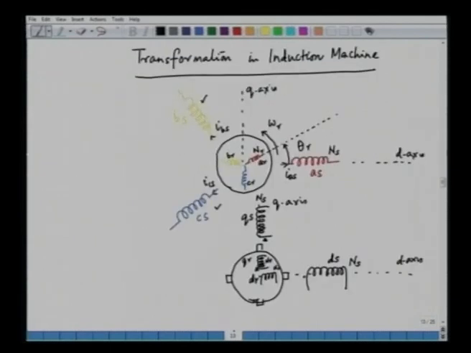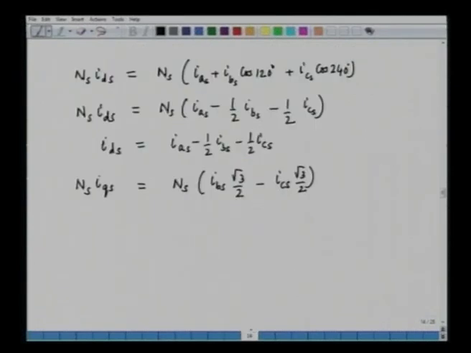What we are doing here is equalizing the MMFs in the Q axis. We project all these MMFs on the Q axis and equalize them with that of the DQ machine. So, we get the following expression: NS into IQS is equal to NS into IBS into root 3 by 2 minus ICS into root 3 by 2.